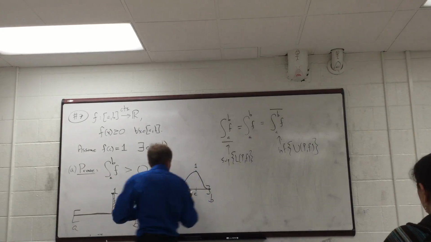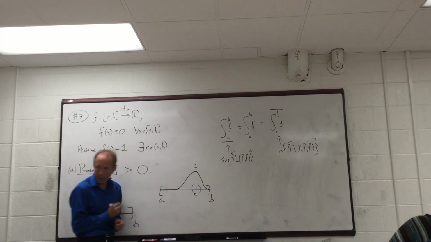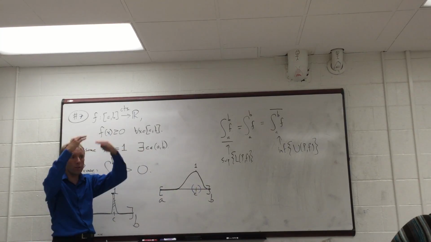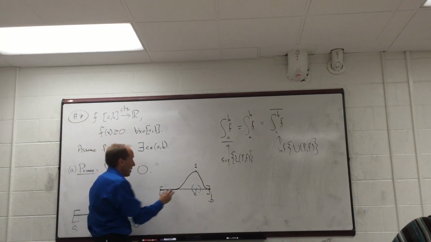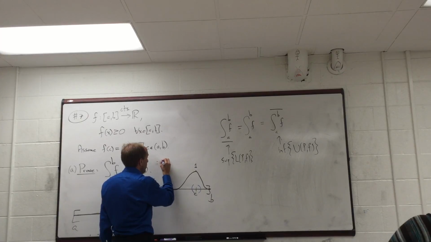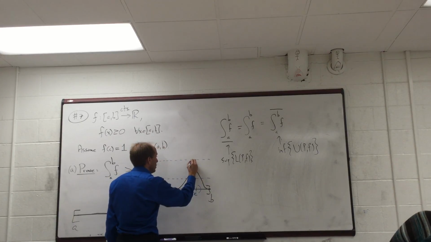So do you guys agree that there has to be a neighborhood around c where the function is above 0? In fact, we could even take an epsilon of a half. We could build an epsilon of a half here, right?